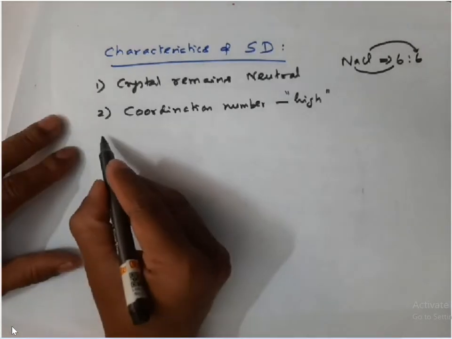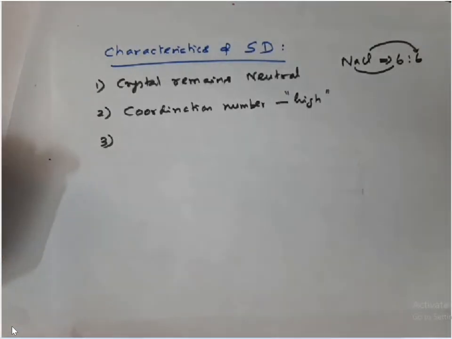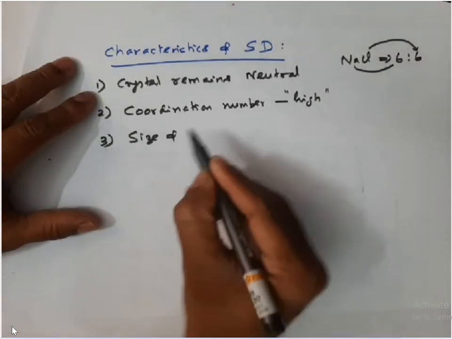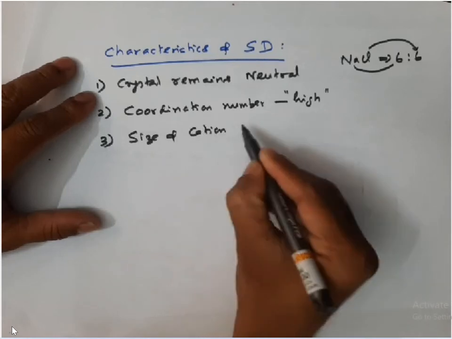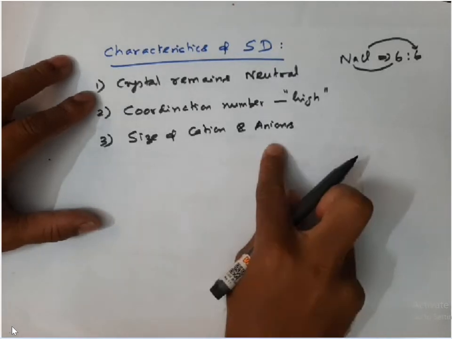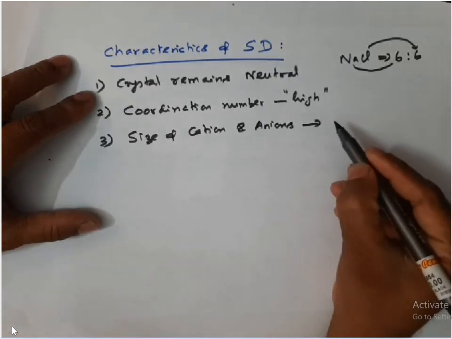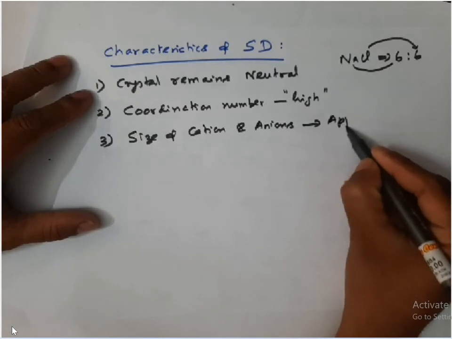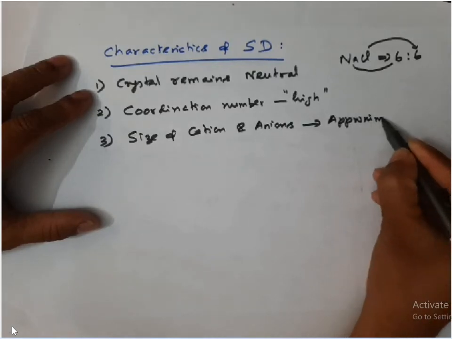Then next important point, size of the ions should be approximately the same. Size of cation and anion, which form the crystal, should be the same, at least approximately.